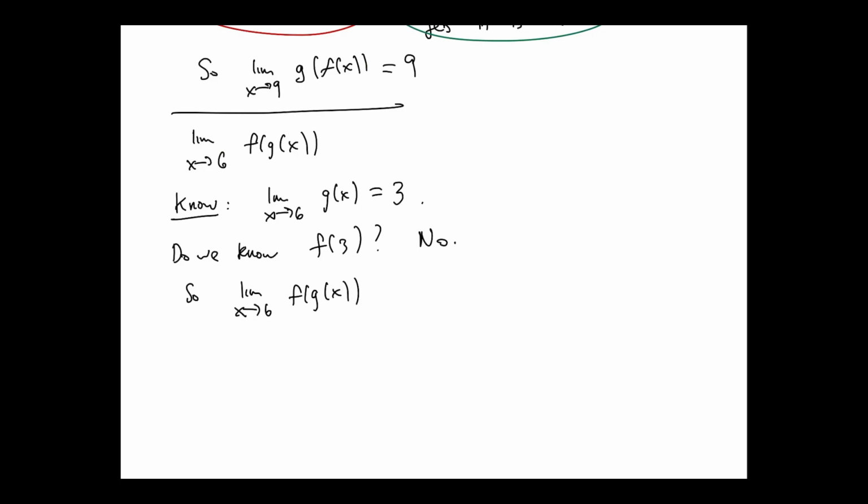Well, I'm not sure if I would say it's undefined. It's just cannot be determined. Let's say it that way. From the given information. Right? And the reason is because we don't know what f of 3 is, right?